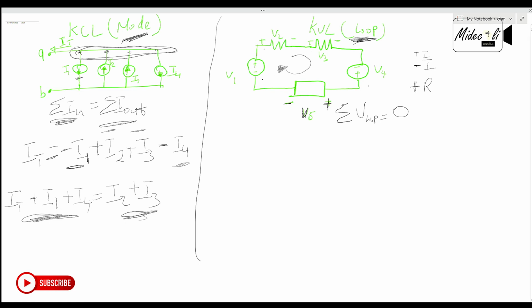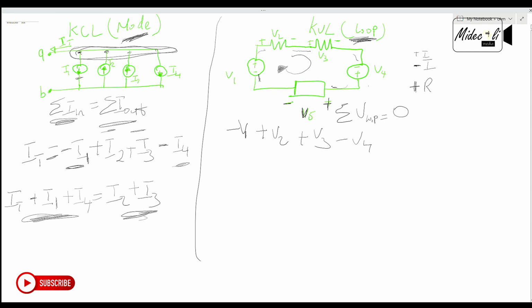So reading this loop, let's start from here. When we are coming from this direction, what do we hit first? We hit the negative sign, so we say minus V1. We exit here, we come to V2. What sign do we hit first? Positive. Plus V2. We exit. What do we hit first here? We hit plus V3. When we exit, what sign do we hit here first? Minus V4.